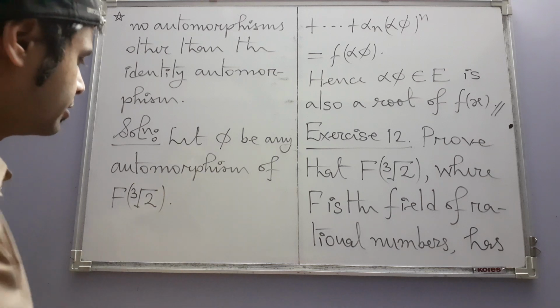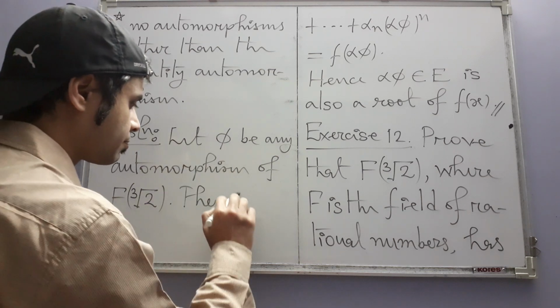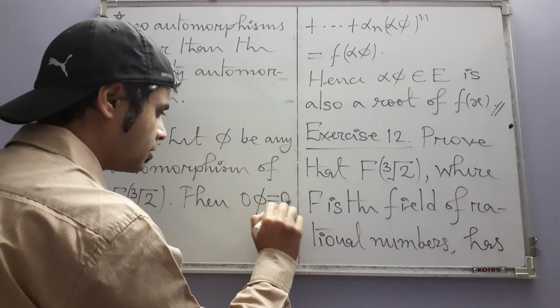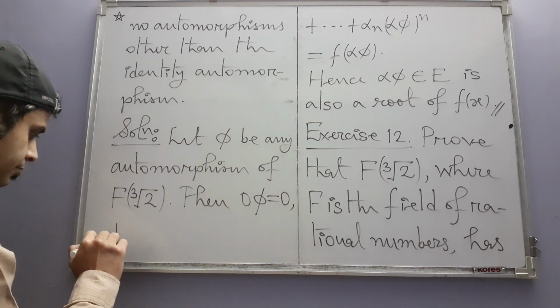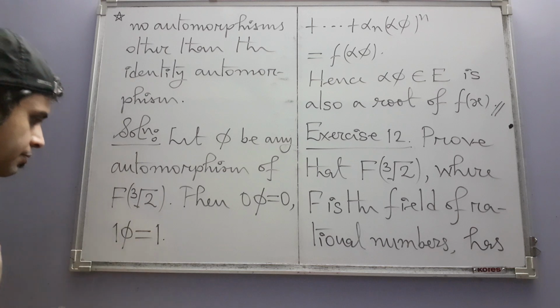These are actually integers. Then 0 phi is equal to 0 and 1 phi is equal to 1.